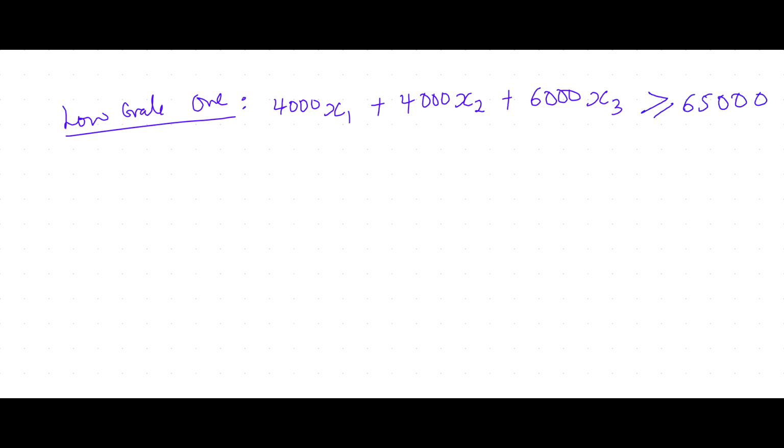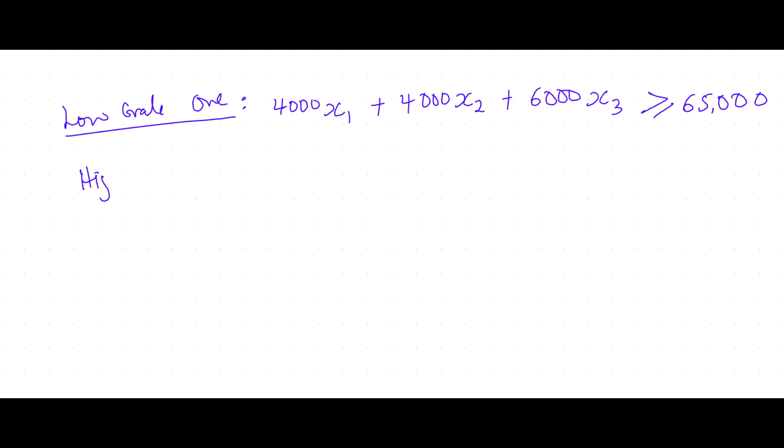Why? Because the limit they are putting on themselves is 65,000. So that means that the minimum should be equal to 65,000. They can produce more, which is greater than 65,000. That's why we say greater than or equal to 65,000.